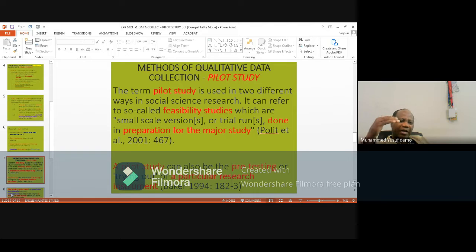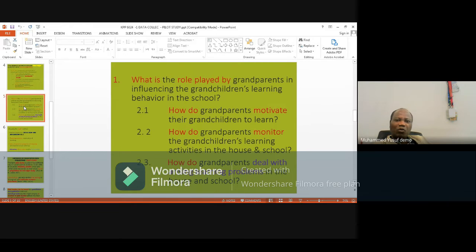So now the breakdown, that is one focus, or that is one component. Now we want to see the motivational aspect, we want to see the monitoring aspect, we want to see how they deal with arising problems at home. These are our three sub focuses of that focus number 2.